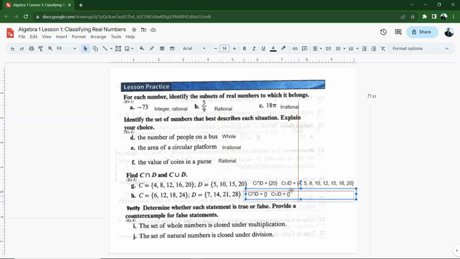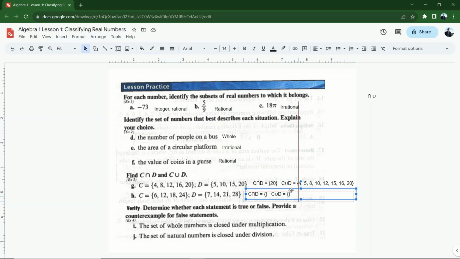So as I look for what's the same, 6, 7, 12, 14, 18, 24. There are no elements in common. That means that C intersect D is the empty set. I have to write it out just like it is. C intersect D, and then my squiggly braces, but with nothing inside. That's the correct way to write that.